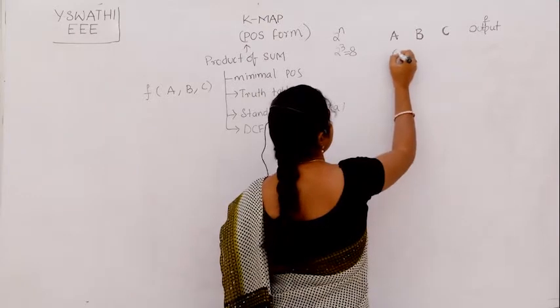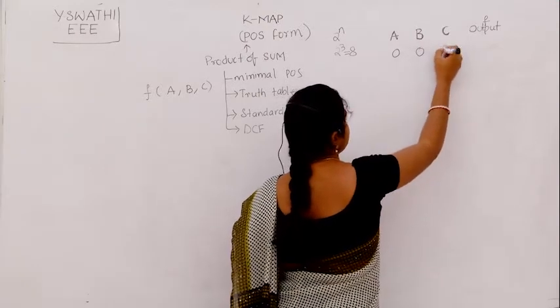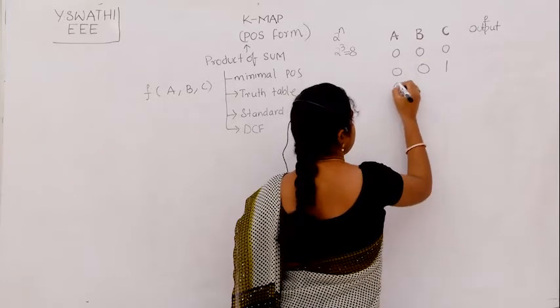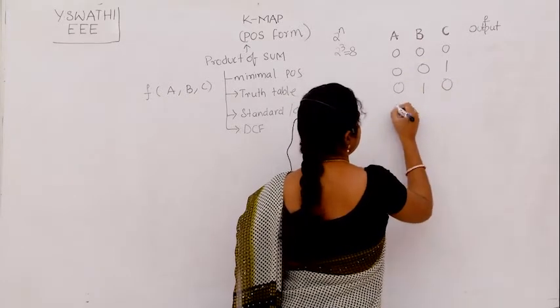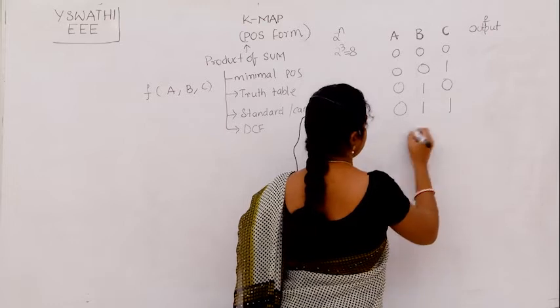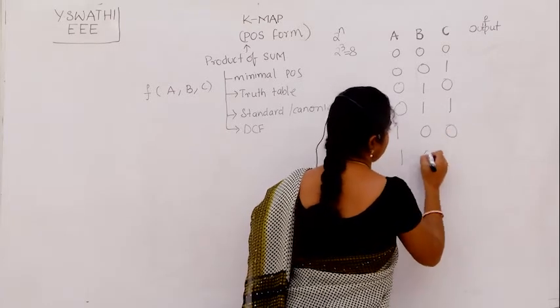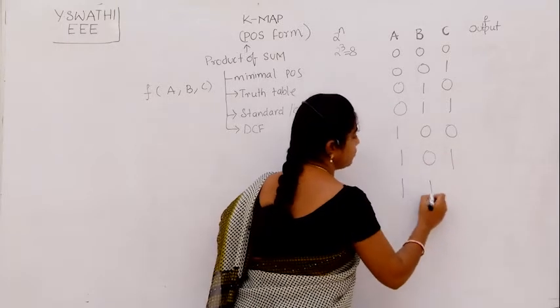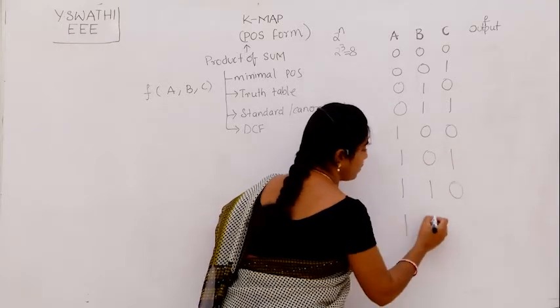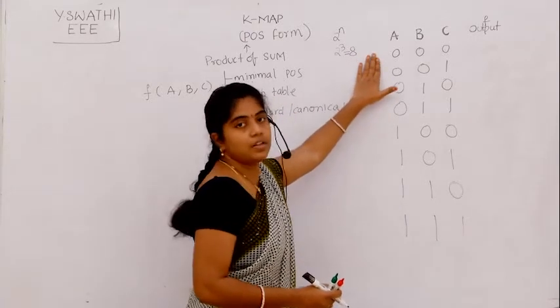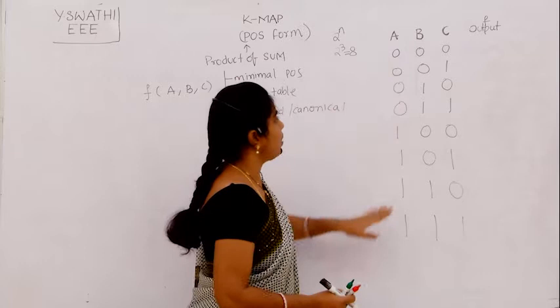What are the possible combinations? 0 0 0, 0 0 1, 0 1 0, 0 1 1, 1 0 0, 1 0 1, 1 1 0, 1 1 1. These are our 8 possible input combinations.